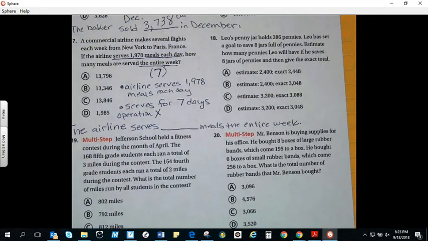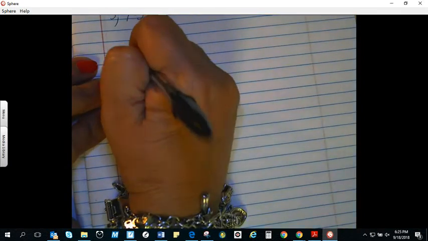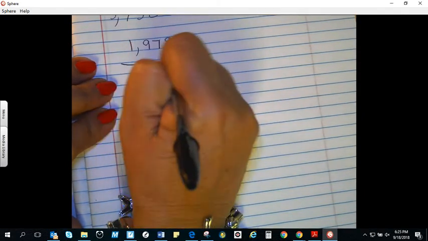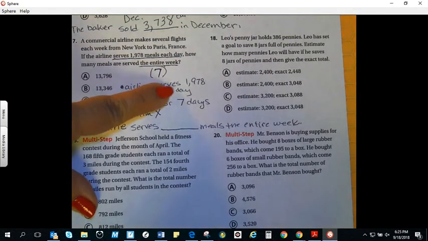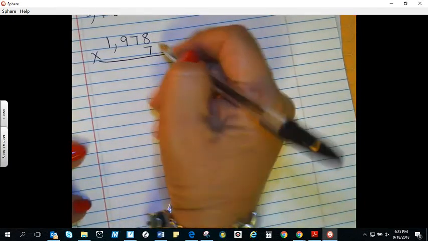All right, now I'm going to do it on a separate sheet of paper. I don't have enough room here, and you know I want to see your thinking. So I'm going to bring it over here where I have 1,978 times 7. I'm going to make sure that I copy down the numbers right. 7 times 8 is 56.